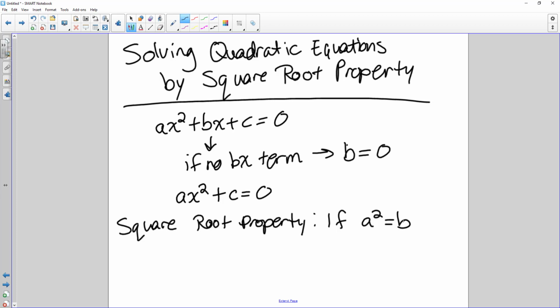If a squared equals b, then to get a alone, I would want to get rid of the square, and the opposite of squaring something is taking the square root. So a is the square root of b, but it's not just the square root of b, it's plus or minus the square root of b.